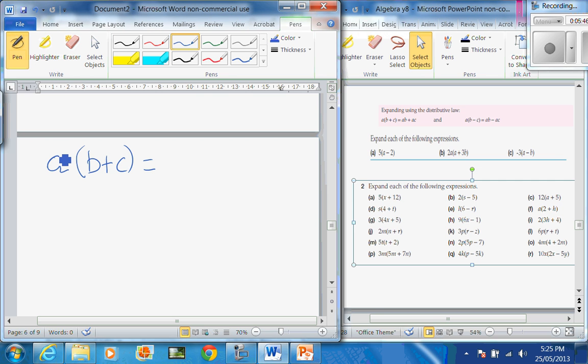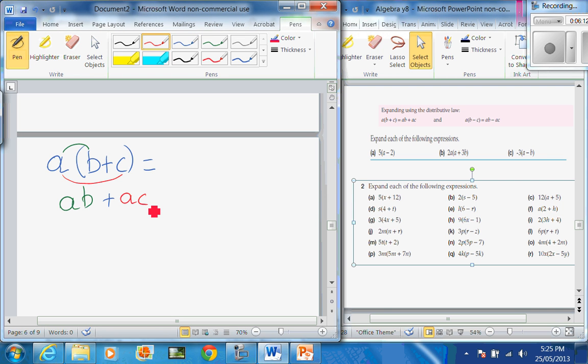I want you to think in your mind, if you multiply A with B, what will happen? How are you going to write it? Yes, you write it AB. And you keep the plus as it is. And what happens if you multiply the A with the C? Correct. You write it AC.